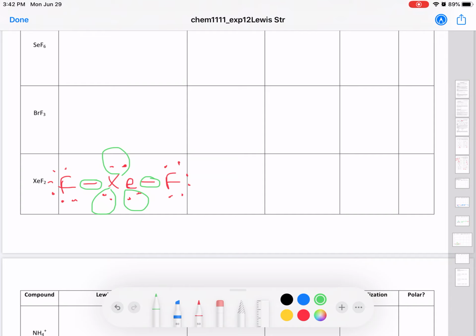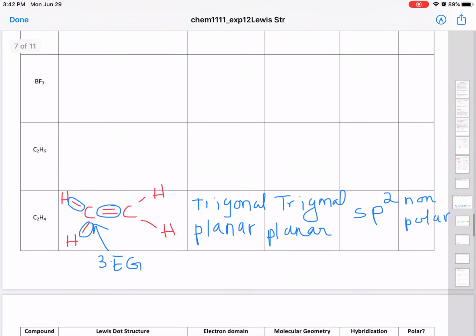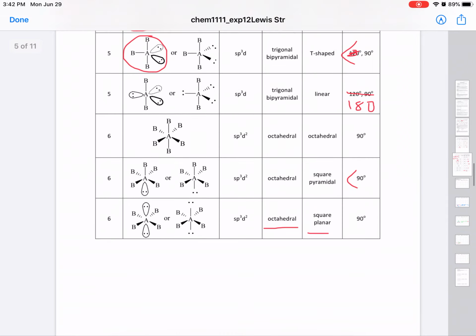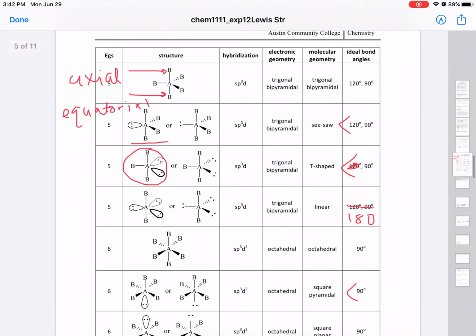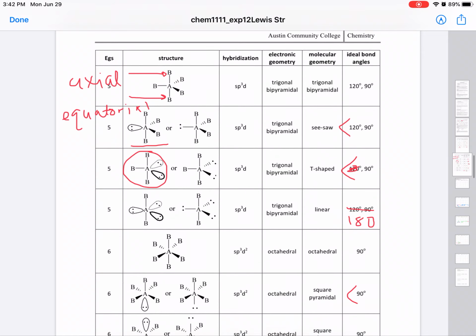When you have 5 electron groups, what's going to be the electronic geometry? You can always refer to this chart. 5 electron groups. When you have 5 electron groups, it's going to be electronic geometry trigonal bipyramidal. Now we do have 5 electron groups with 3 lone pairs.